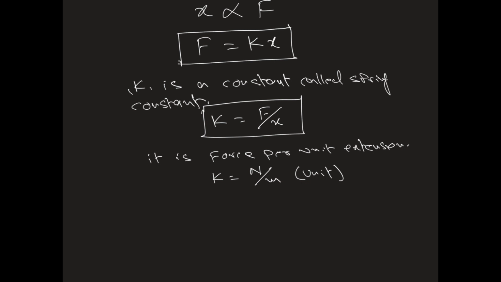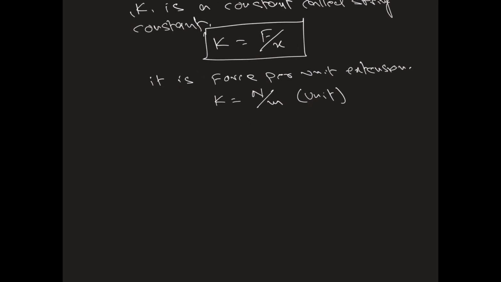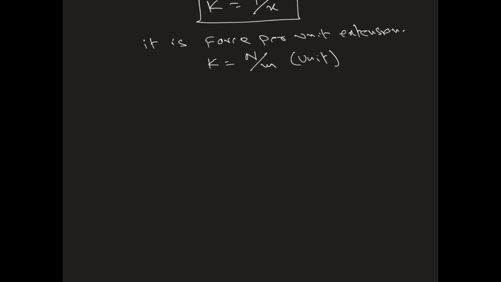Now we all know that if two quantities are directly proportional, what type of graph do they have? They will have a graph which is a straight line that passes through the origin. So let me draw the graph.